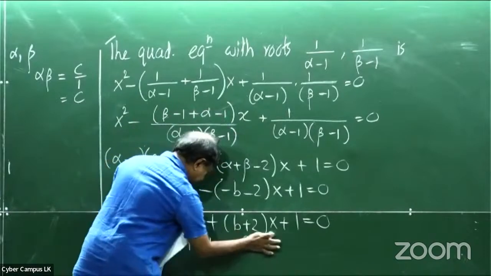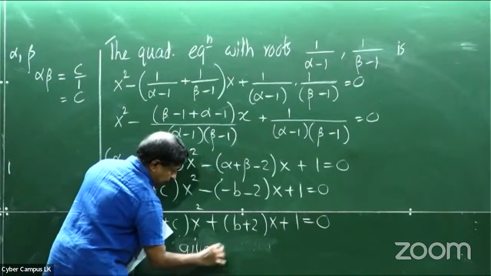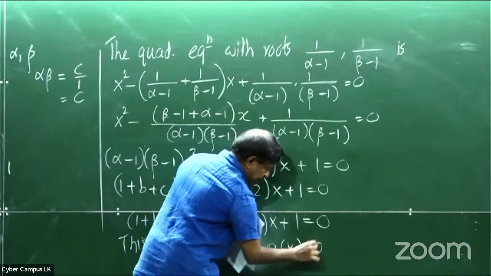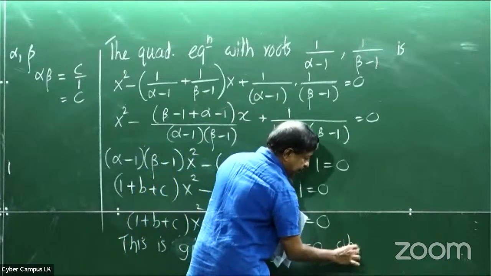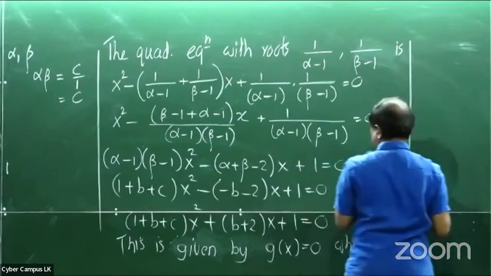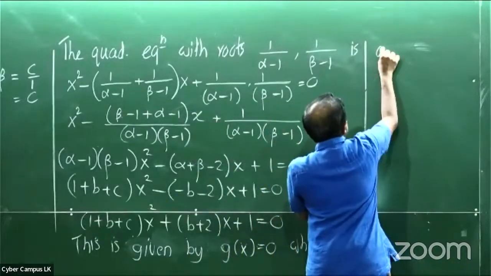Okay, this is given by gx equal to 0, where now we have to mention what gx is. Gx is this, the left-hand side of this equation.